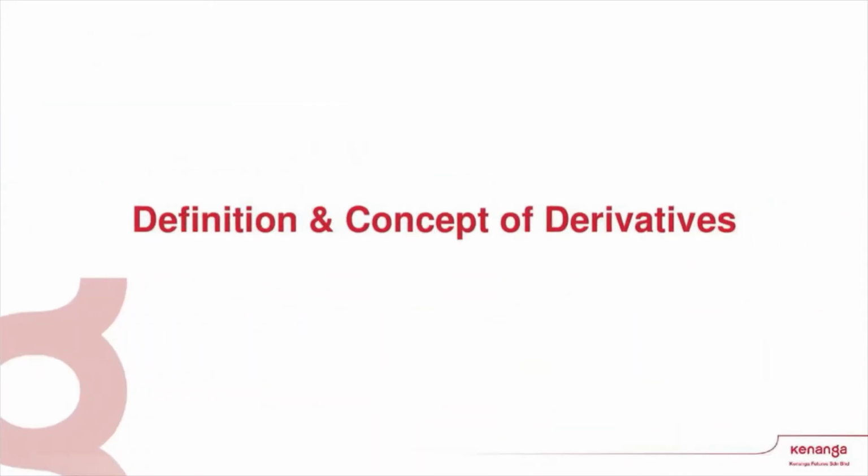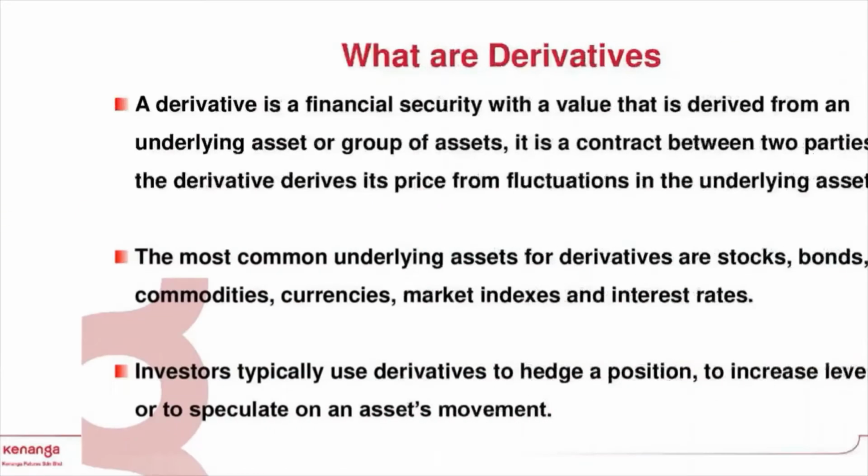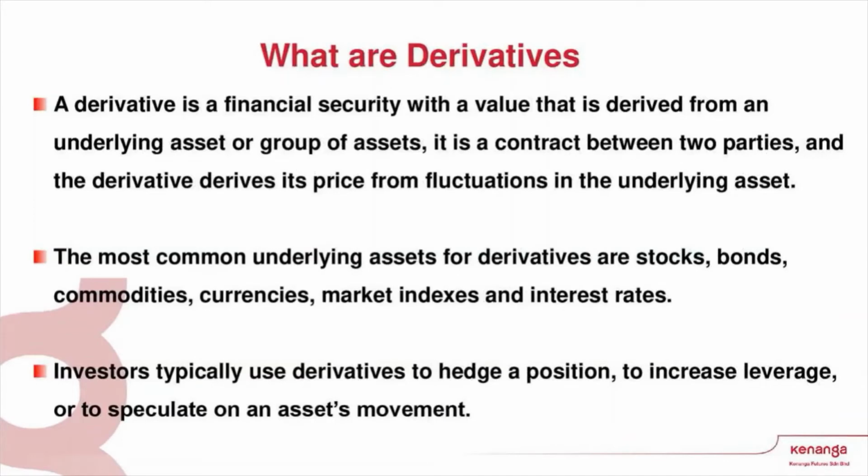So let's begin with the concept and definition of derivatives. A derivative is a financial security with a value that is derived from an underlying asset or group of assets. The derivative itself is a contract between two parties, and the derivative derives its price from fluctuations in the underlying asset.